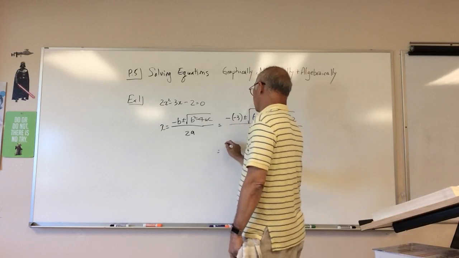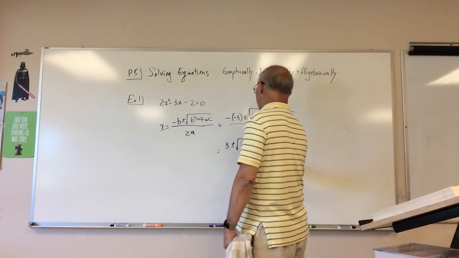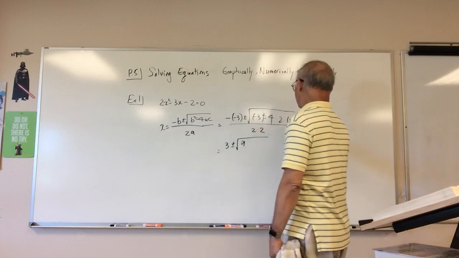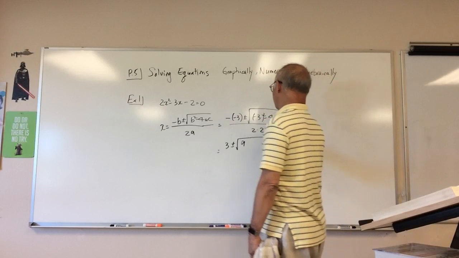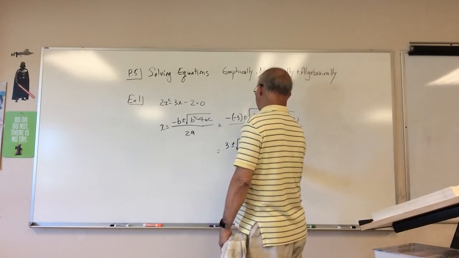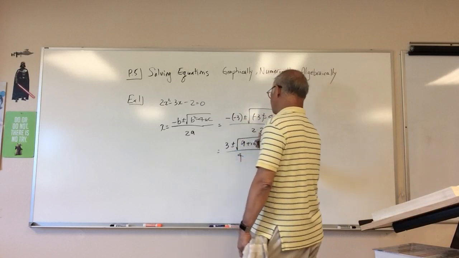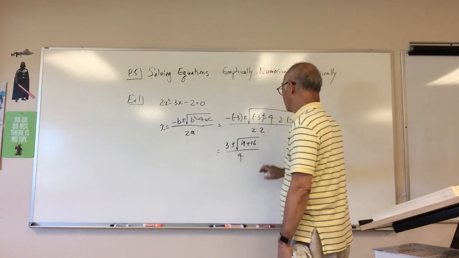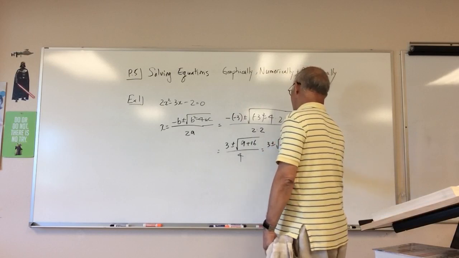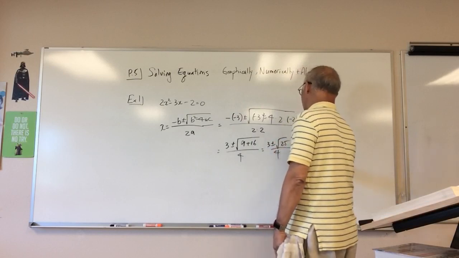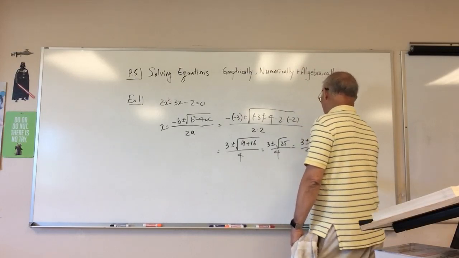I get 3 plus or minus the square root of, this is 9, minus and minus cancel out, they become plus, 4 times 2 times 2 is 16, so 9 plus 16, over 2 times 2 is 4. So 3 plus or minus the square root of 25 over 4. The square root of 25, as we all know, is 5.